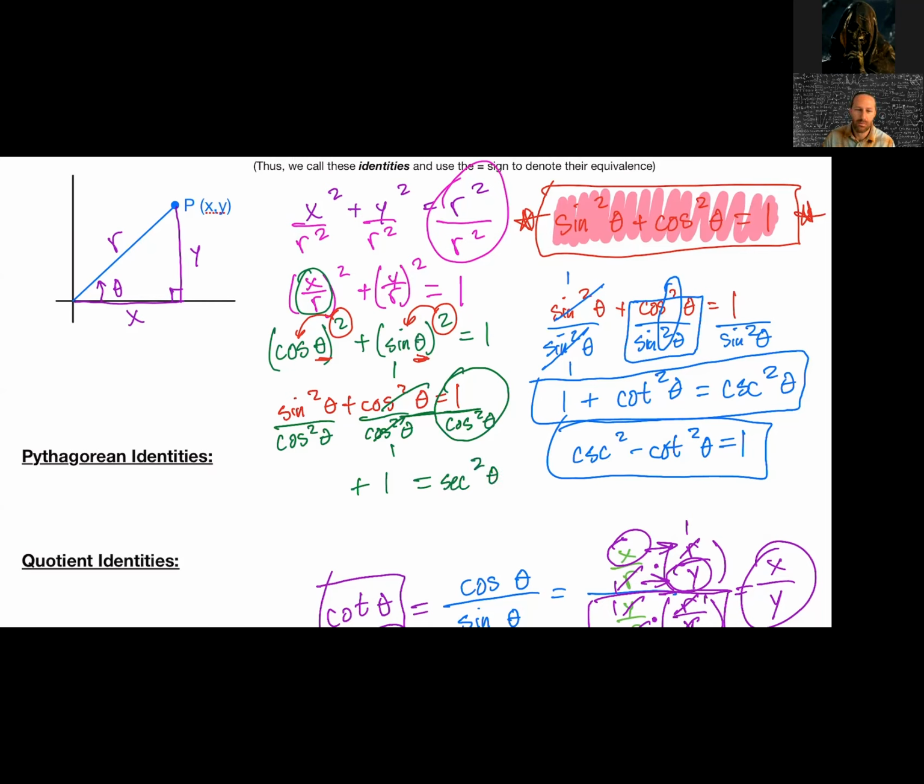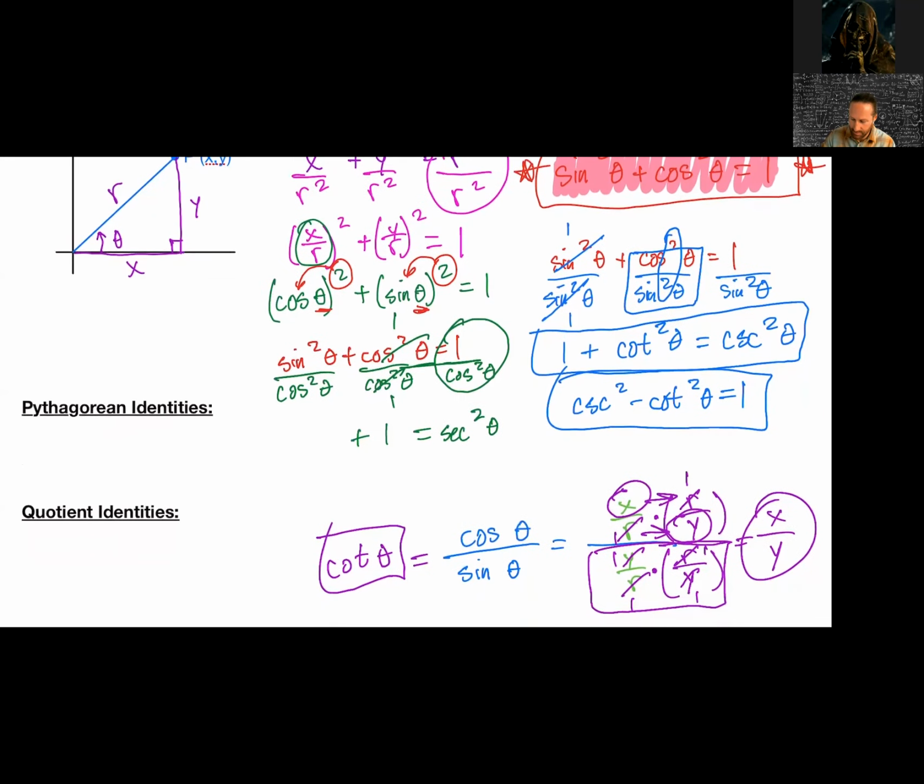And then what would you guess that sine over cosine is? Since we now know that cosine over sine is equal to cotangent. Notice this is just the what of that. The reciprocal. And since cotangent is the reciprocal of what?